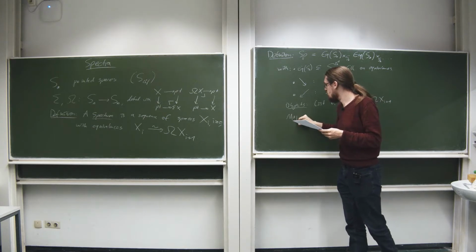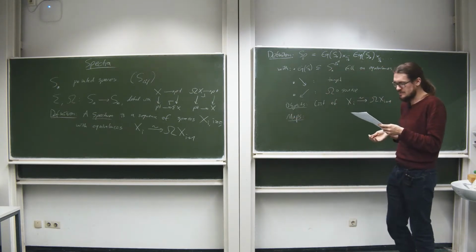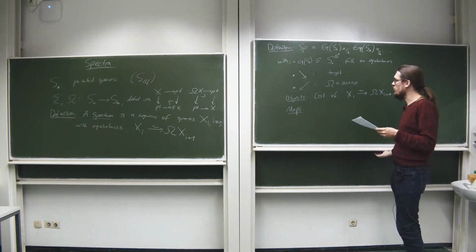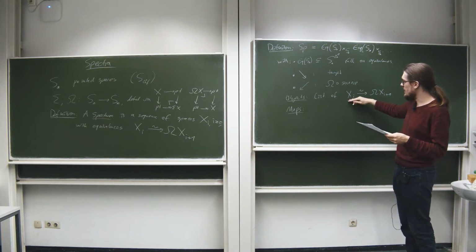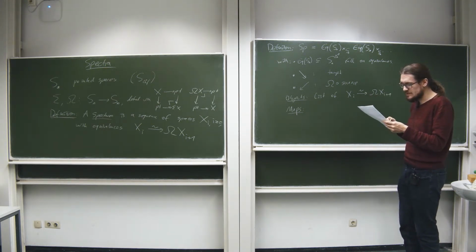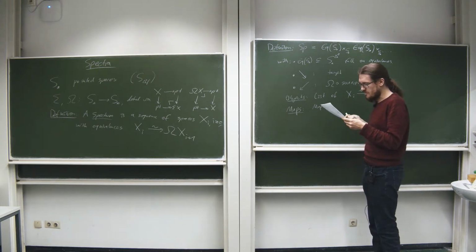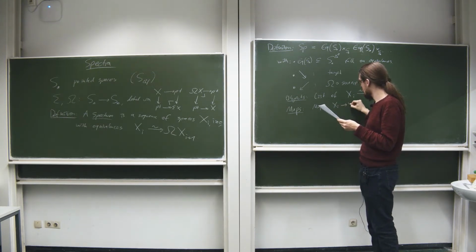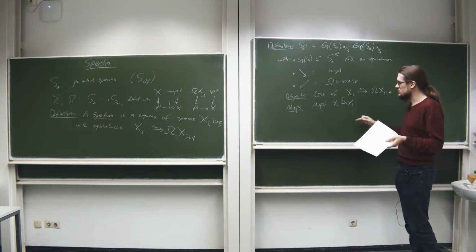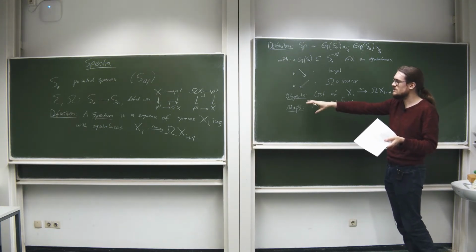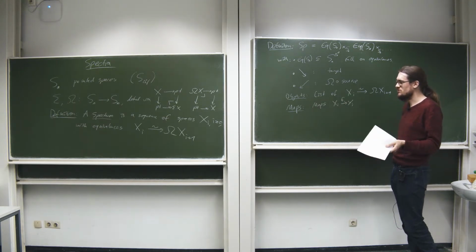And what are maps? What are the mapping spaces? Well, a point in the mapping space from an object given by a sequence X_i to the object given by Y_i consists of choices of maps. This is going to be actually a description of a point in the mapping space, but it doesn't describe, of course, the mapping space as a complete simplicial set.